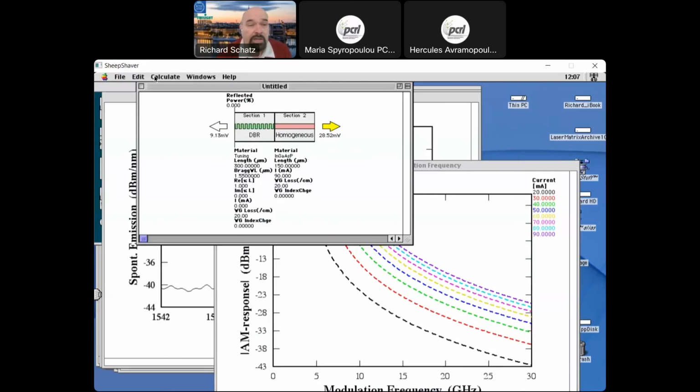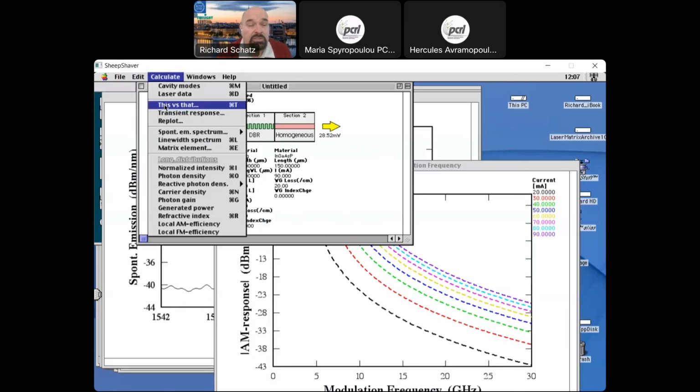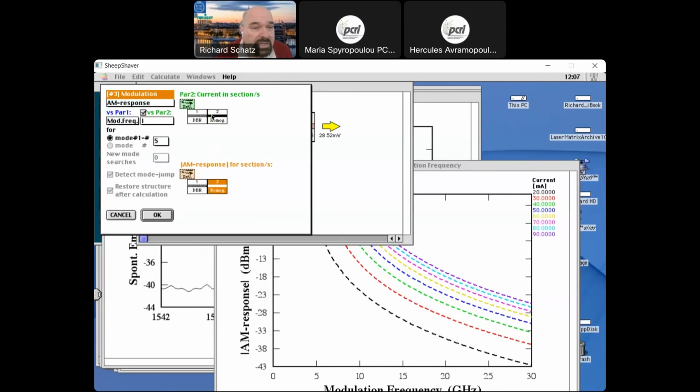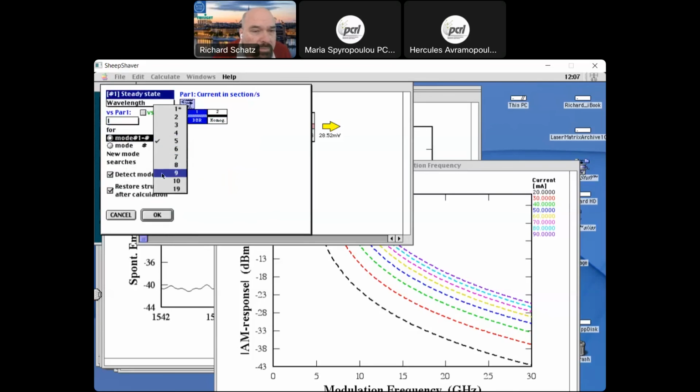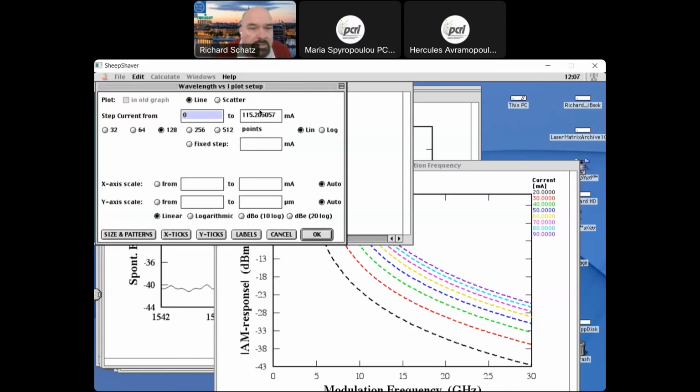I will show first how the wavelength is tuned in this laser by injecting current in the Bragg section. So I plot wavelength versus current in the Bragg section, for 10 modes maybe, and 0 to 100 milliamp in the passive section.